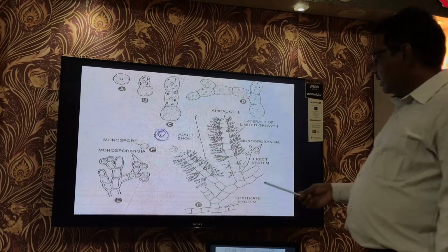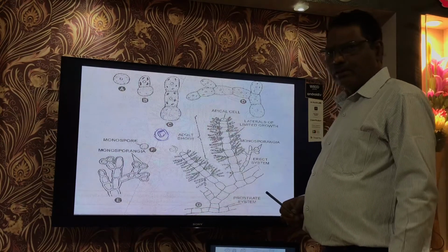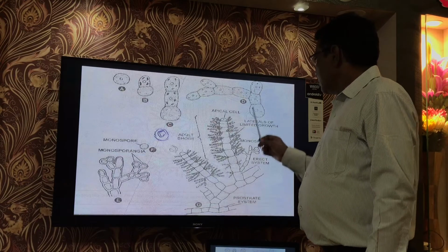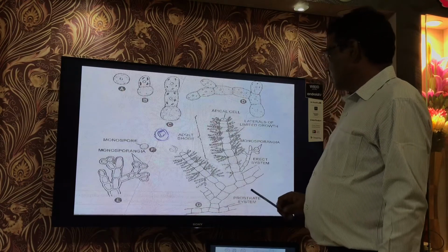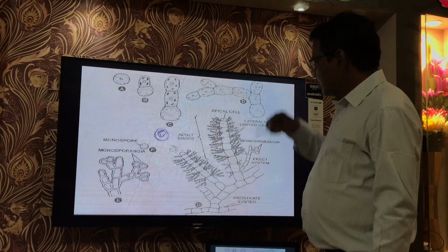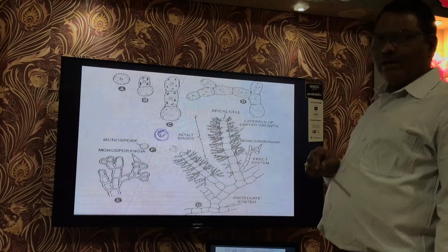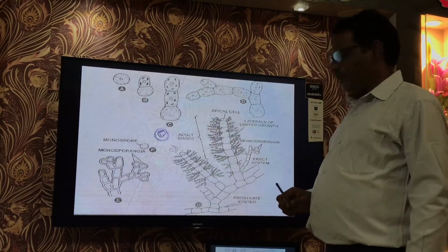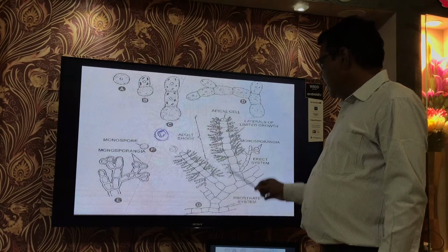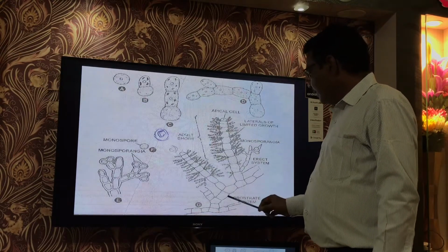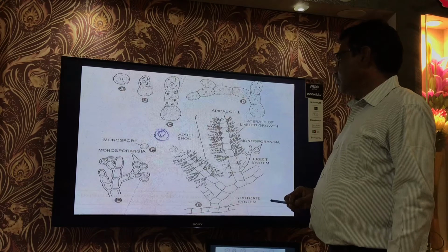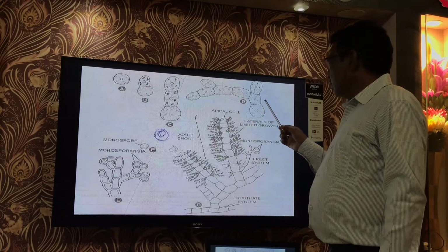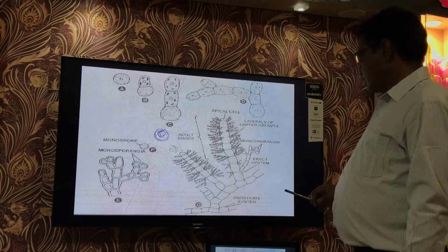The name of that alga is Chantransia. So this phase in the life cycle of Batrachospermum apparently looks like a Chantransia alga, and therefore this phase is called the Chantransia phase. So the Chantransia phase is the haploid phase in the life cycle of Batrachospermum, in which you have a heterotrichous filamentous structure.